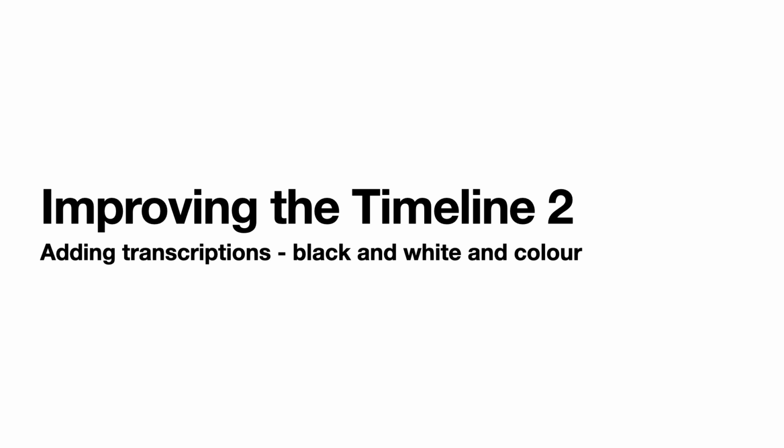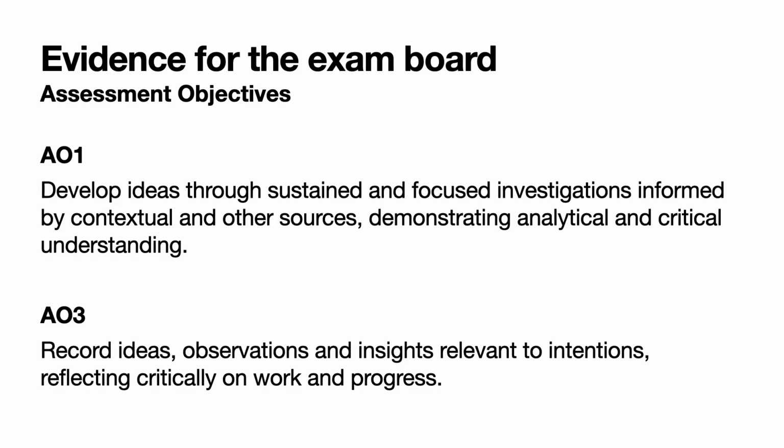So anyway, let's go forward and have a look at what the exam board are looking for and what you're trying to supply. The first thing to think about is the evidence for the exam board, and the first two assessment objectives that really deal with this are AO1 and AO3. So let's have a quick look at those. AO1 is developing ideas through sustained and focused investigations, informed by contextual and other sources, demonstrating analytical and critical understanding.